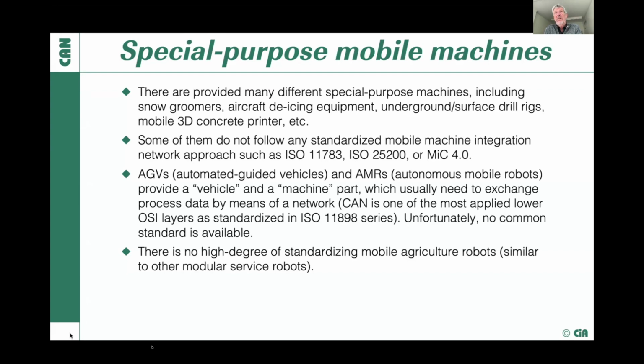If you're looking at some in the harbor, some automated cranes, etc. So unfortunately, there is no common standard available at the moment. So we also work on this in different ISO standards to harmonize all the things. And there is no high degree of standardizing mobile agriculture robots. This is also on the to-do list for the next generations.